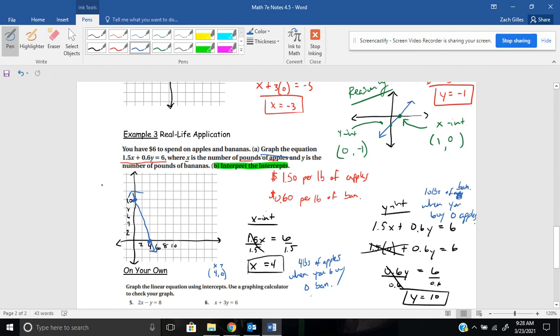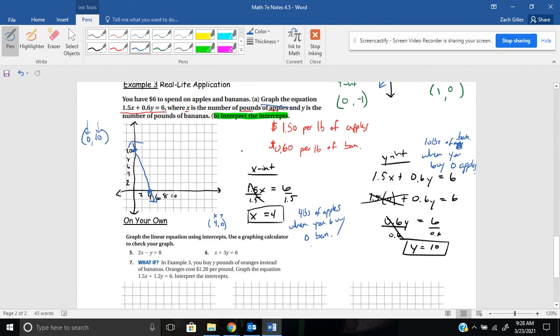Because this point right here is 0, 10. So if I bought 0 pounds of apples, I could buy 10 pounds of bananas. I don't know who's buying 10 pounds of bananas, but hey, that's besides the point. So there you have it, graphing and interpreting the intercepts, what these 2 points mean in the context of the problem.